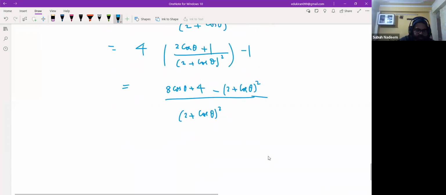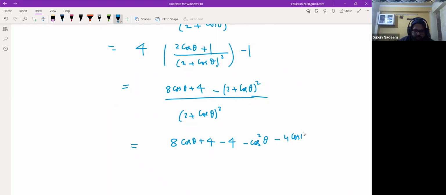After taking LCM, this will be 8 cos theta plus 4 minus, if you square this and open it, 4 minus cos square theta minus 4 cos theta, upon (2 plus cos theta) whole square.